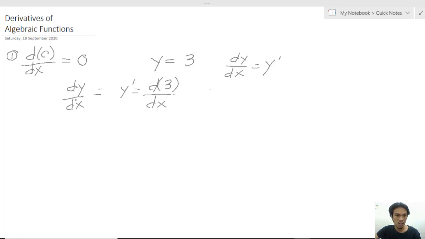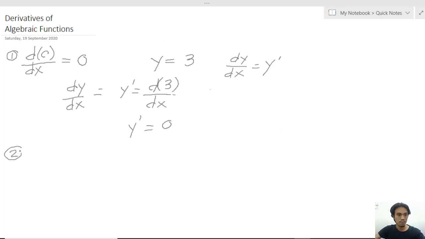Take note here, we take the derivative of y with respect to x. For this part, we are also taking the derivative of the constant with respect to x. Continuing, since this is a constant, we can say that the derivative of y with respect to x, or y prime, is just equal to 0. That is the easiest formula for the derivatives of algebraic function.